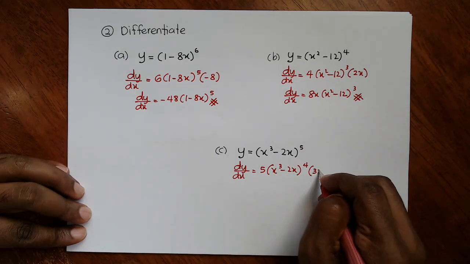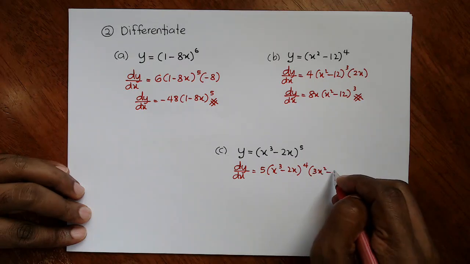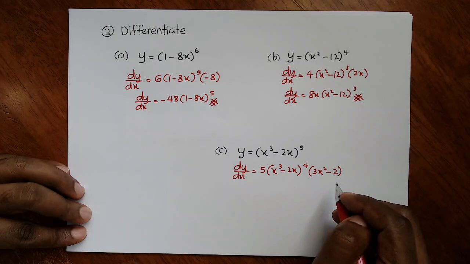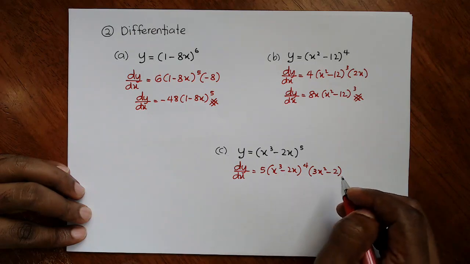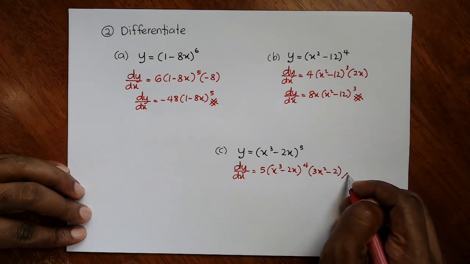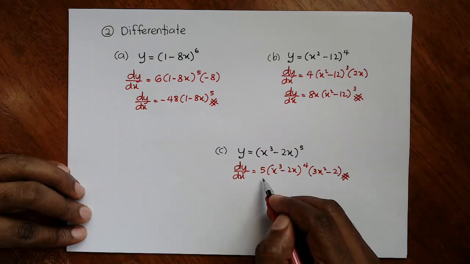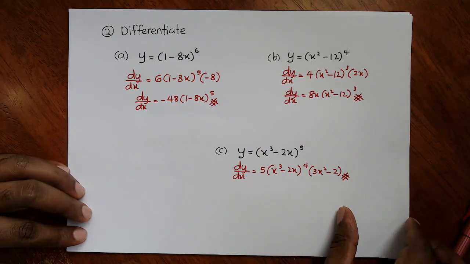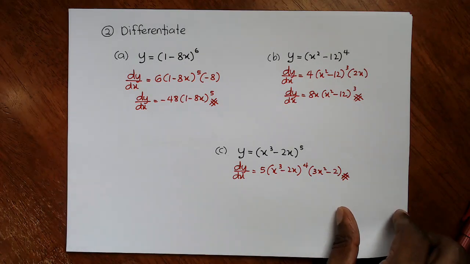So that's the answer. You cannot simplify anything, so you can just leave it like that. I mean, you can rearrange this if you want, but you don't have to. It looks nice like that. So that's how you do the bracket method, guys. Let's look at more examples.